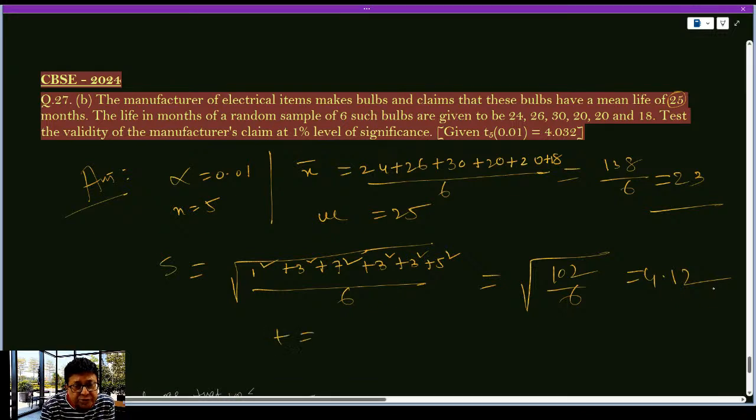You find t equal to, divided by root 6, we take it up. Now again calculate. This is coming 1020.